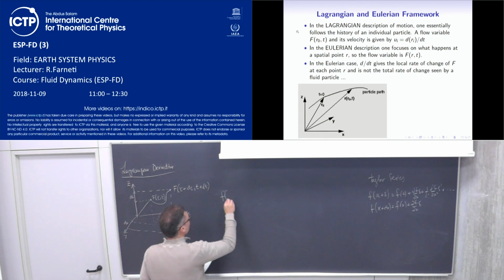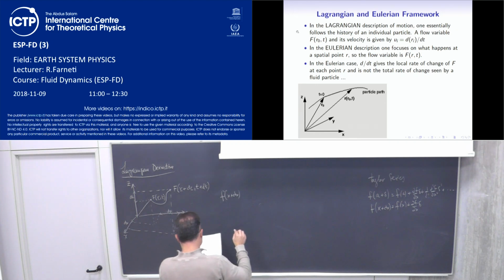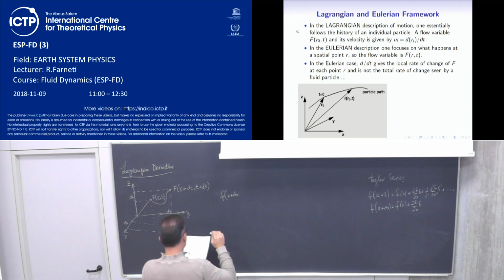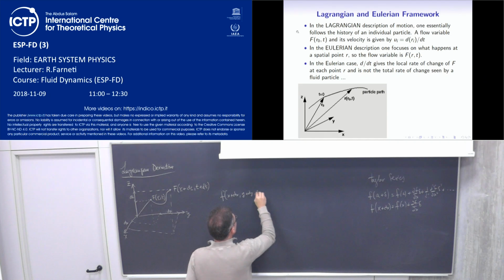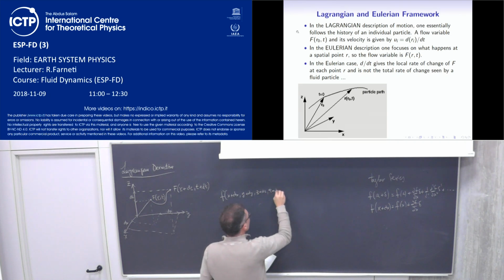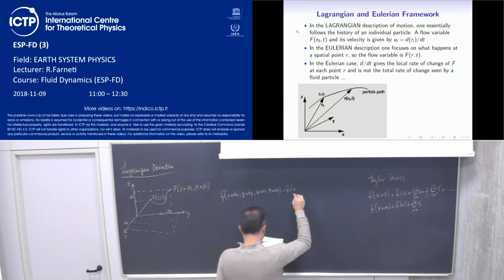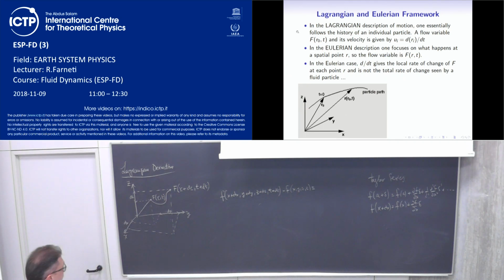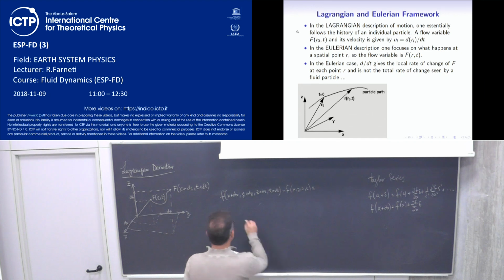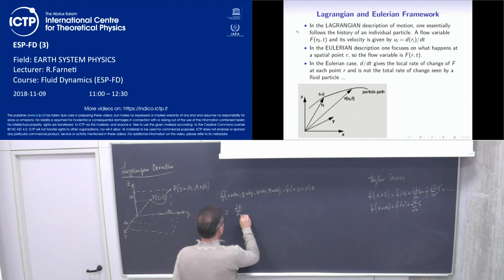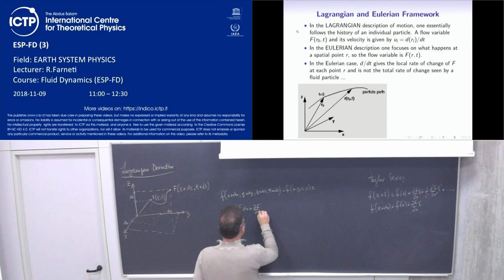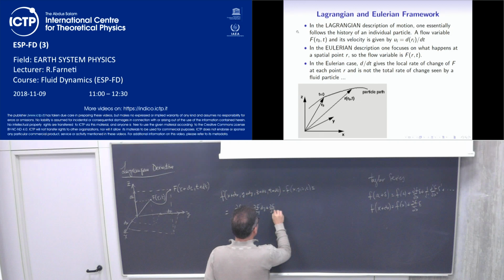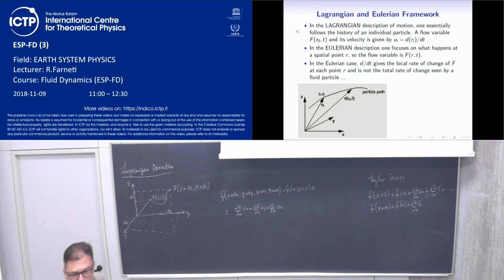So if we do the same, what is the rate of change of f in all the directions? If we do it in x, so you have just the rate of change of f here and here, and that is simply going to be equal to this, just the increments in x and y and z, and time.